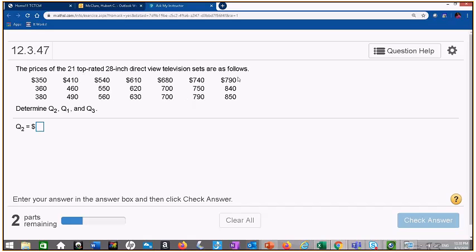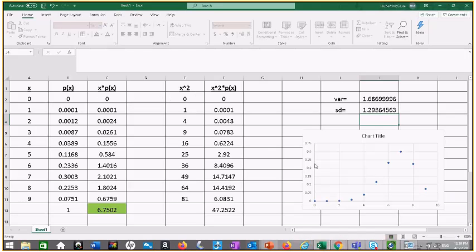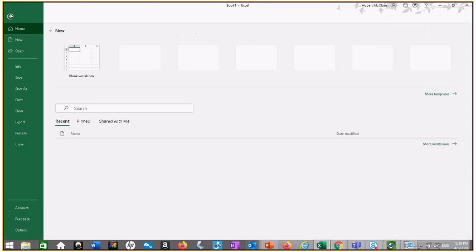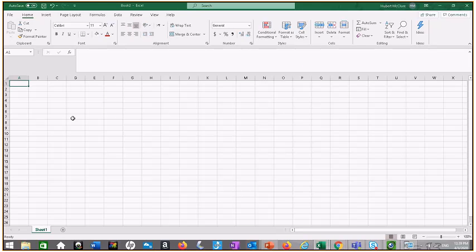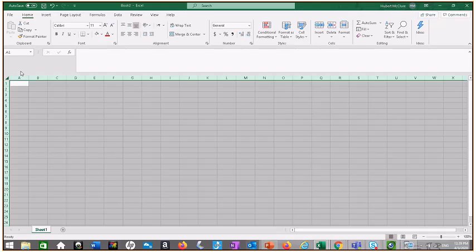I don't know why they don't have an icon for you to use the Excel spreadsheet. Well, we'll do both. So I'm going to pull up the Excel spreadsheet first. Now, this is a question that we've gone over several times in class. I think I did one with 12 and one with 13. If y'all look back at the videos those days, I did one with 12 and 13, I think.